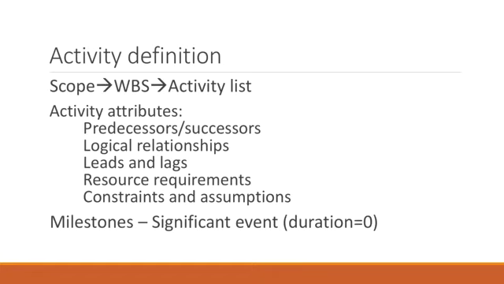Based on this, you guys start trying to understand within those either work packages or user stories, what are the activities, what are the attributes, and what are the milestones that will belong to each of those either work packages or user stories.